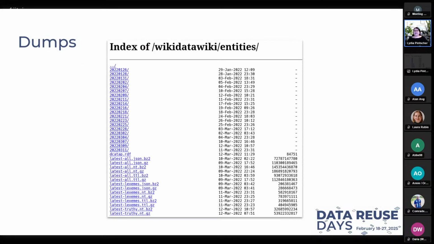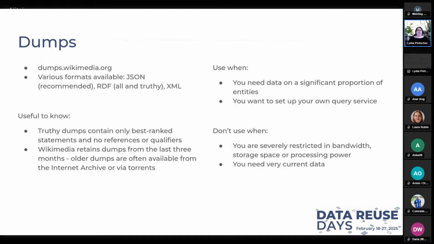So, that brings us to dumps. At dumps.wikimedia.org, we offer a way to download all the data that is in Wikidata or any of the other Wikimedia projects. There are different formats of the dumps for Wikidata available, specifically JSON, an RDF dump in different flavors, and an XML dump.